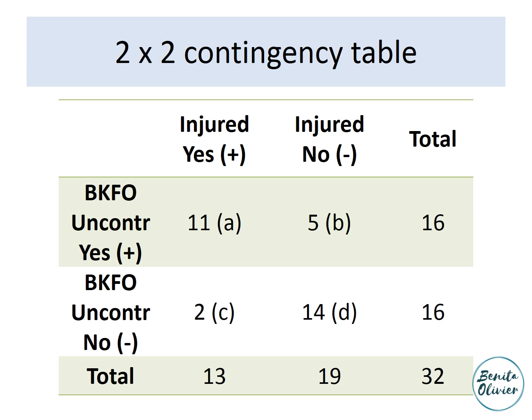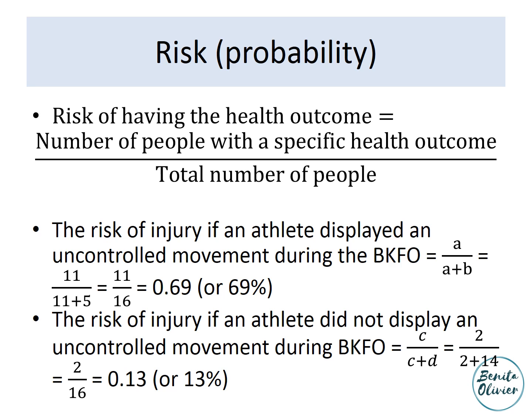So the number of participants who displayed uncontrolled movement amongst the injured participants over the total number of people who displayed uncontrolled movement. And we get to 69%. So the risk of injury if an athlete displayed an uncontrolled movement is 69%.